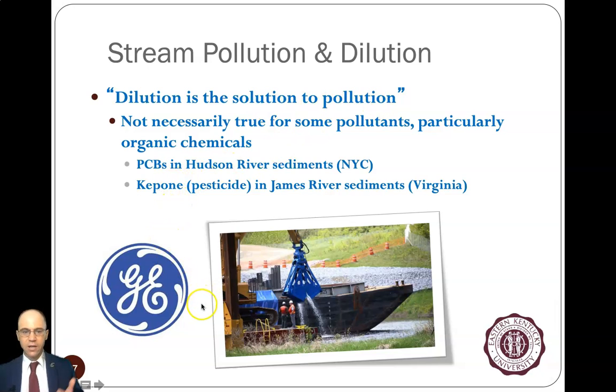And because of that, companies like GE, and General Electric is not the only company that's dealing with these. Companies that were doing business in the 1950s and 60s and even earlier dumped a lot of this stuff into the waste stream, possibly not knowing their effects. PCBs were used in electrical transformers to step the electricity down from the big power plants to where it could go into the home.